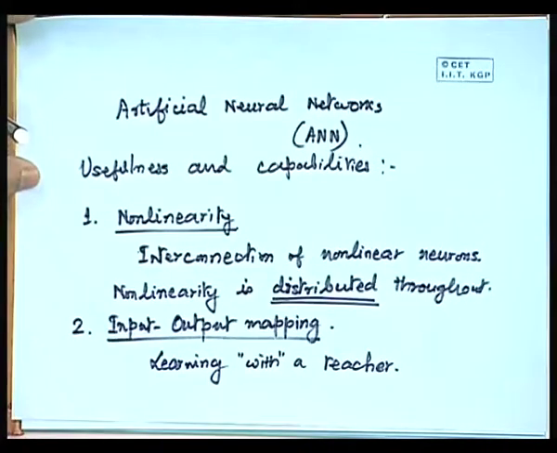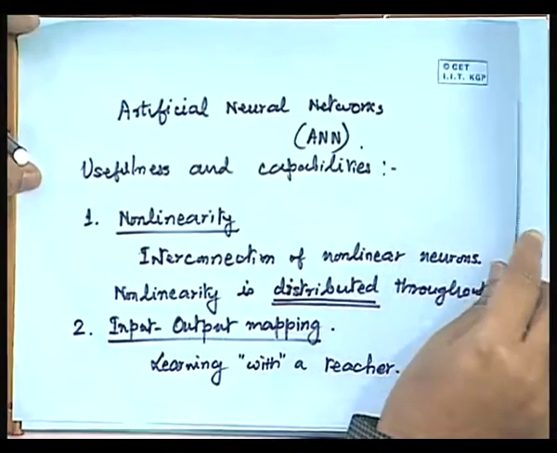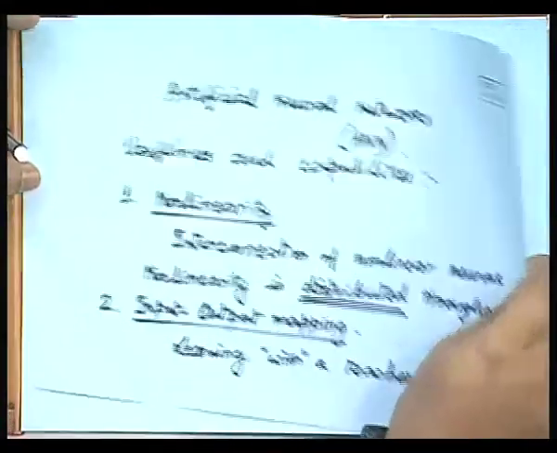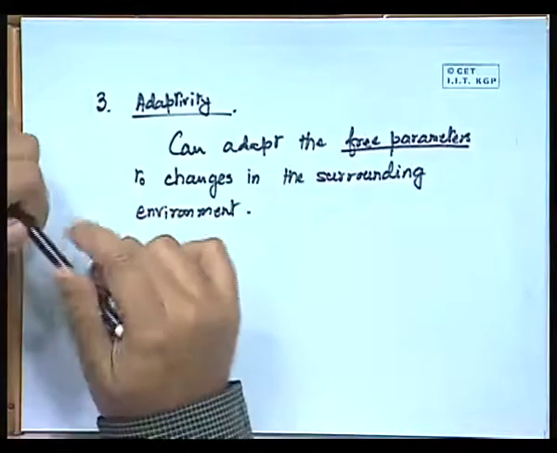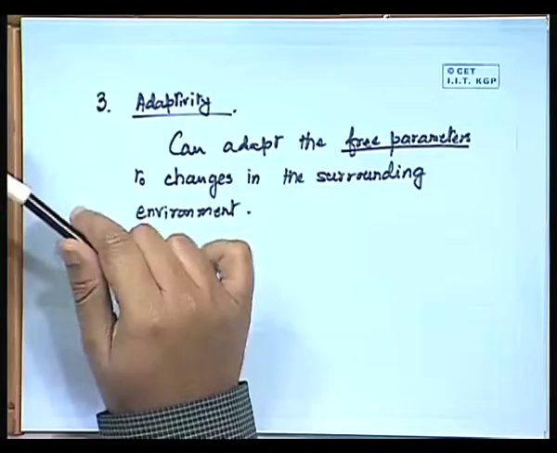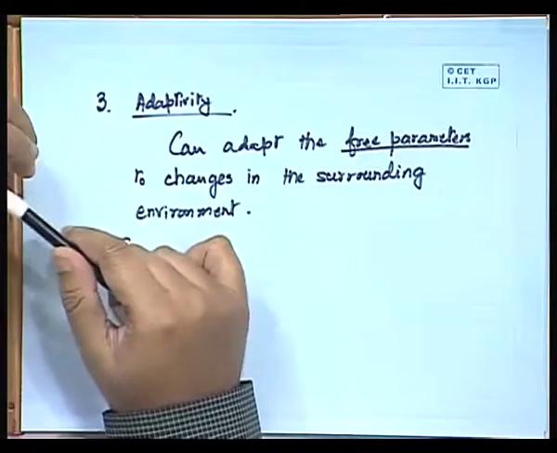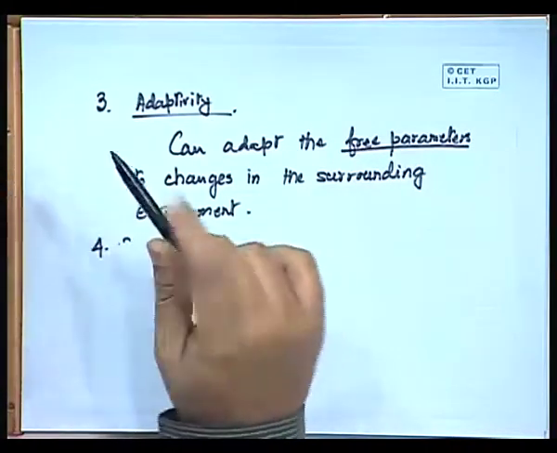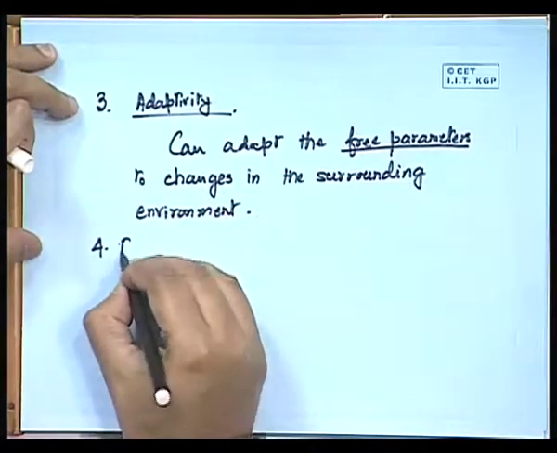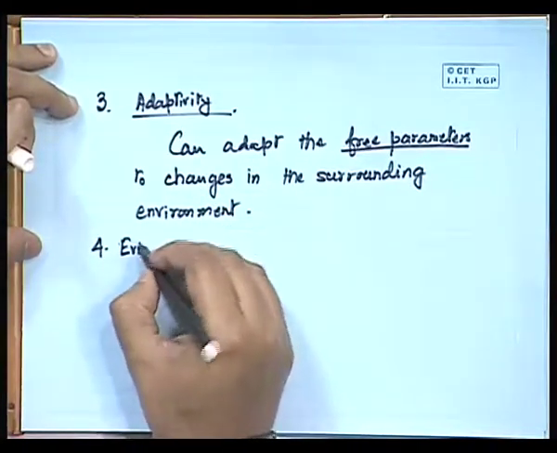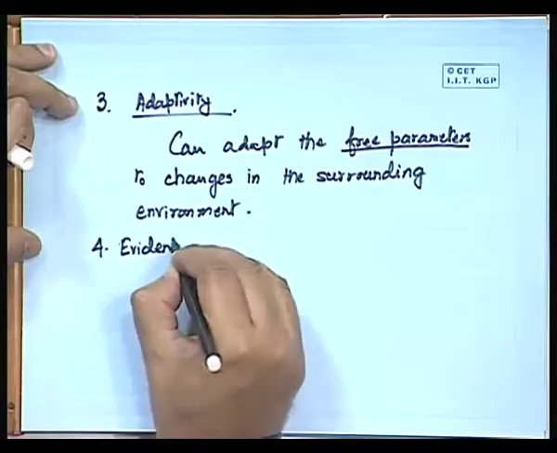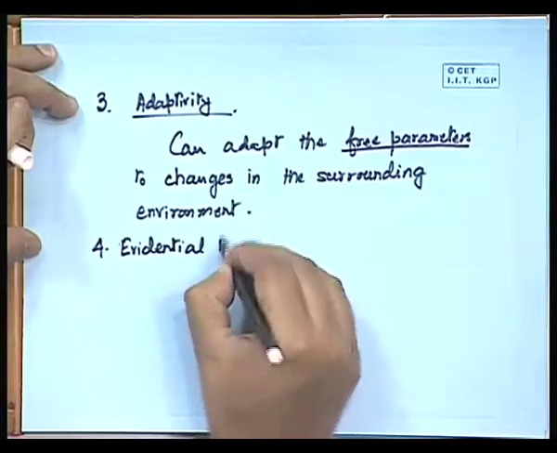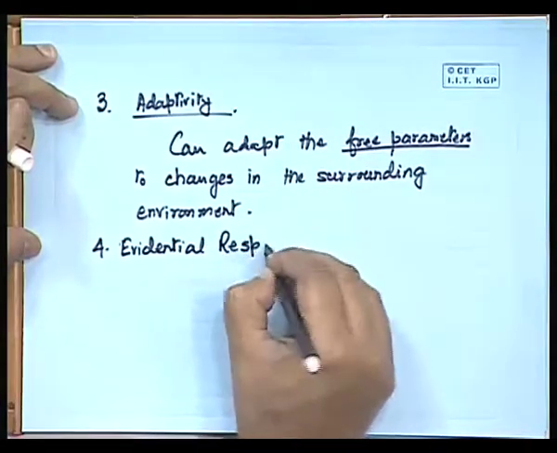Now, at the end of learning, it is able to get the correct response, but a neural network can not only report what the response is, but it can also tell with what confidence level it is the response.